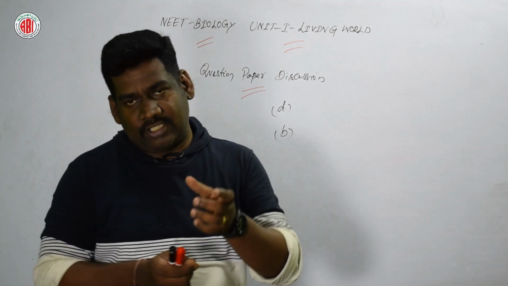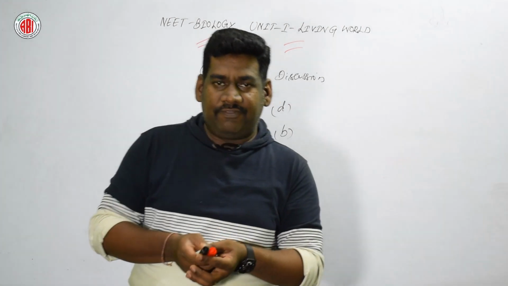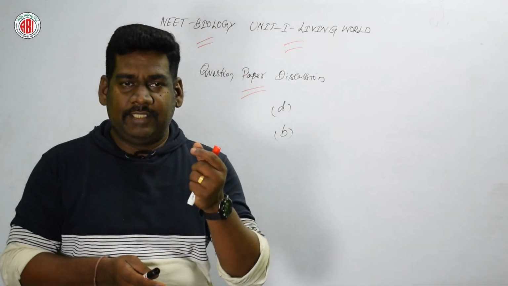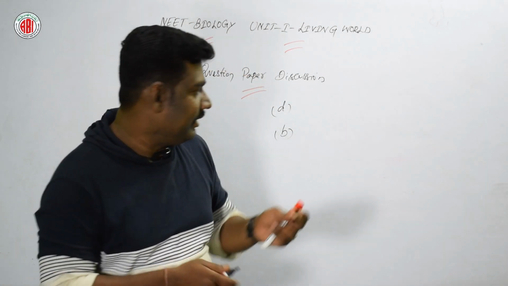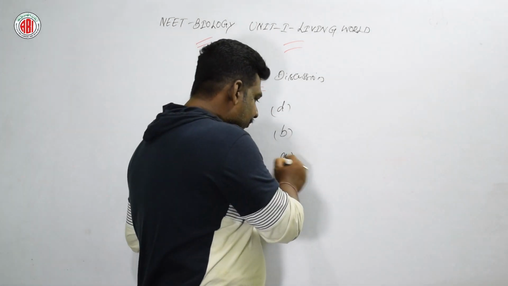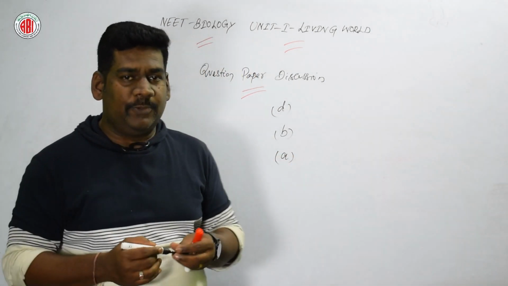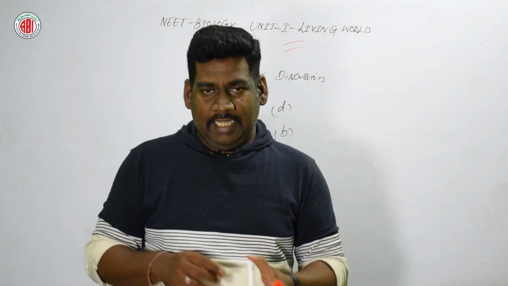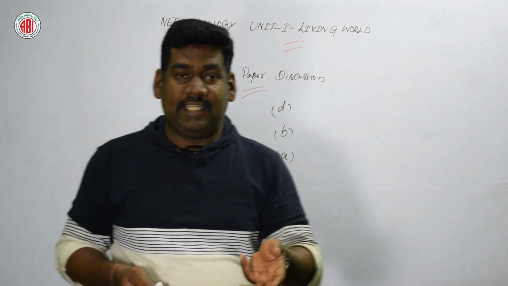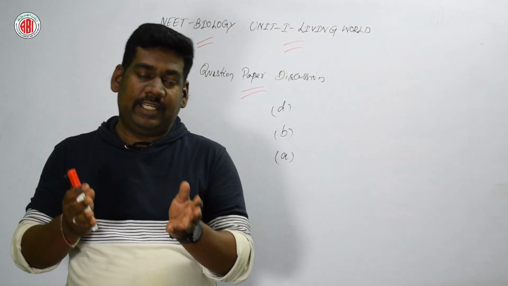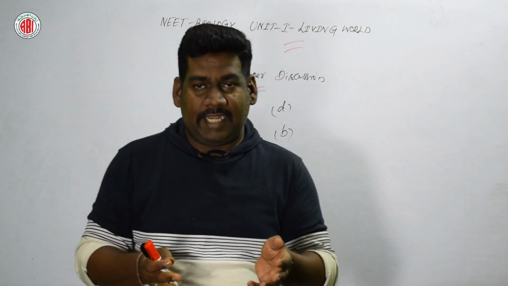The answer is option A, that is species. Species is the smallest or the basic unit of taxonomic category, whereas kingdom is the largest taxonomic unit or category we can say.